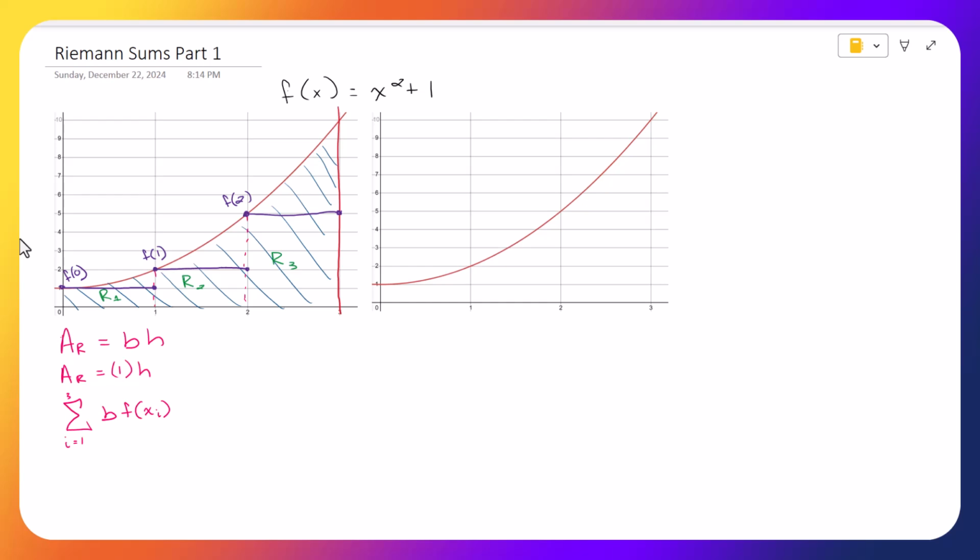Okay, and now let's expand this sigma notation. My freshmen will be having a field day with me using this Greek letter. Okay, so our base is 1 for all of these.